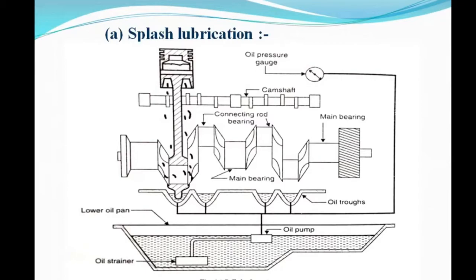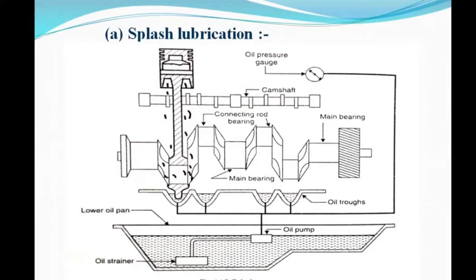Hence oil is directed to the big end bearing through a hole in the cap, and due to splash, oil reaches various parts of the engine like cylinder wall, crankshaft, piston ring, piston pin, etc. Excess oil returns back by gravity to the sump.